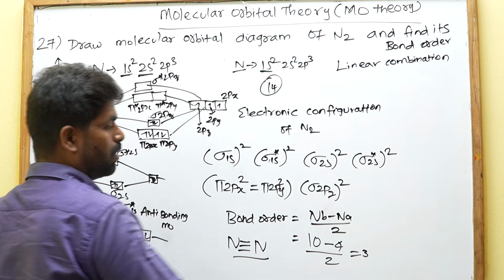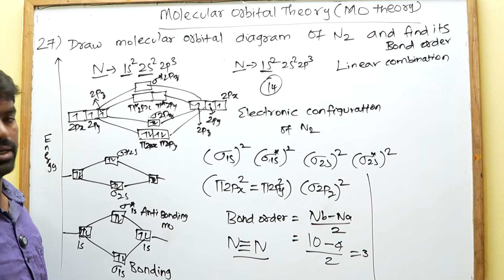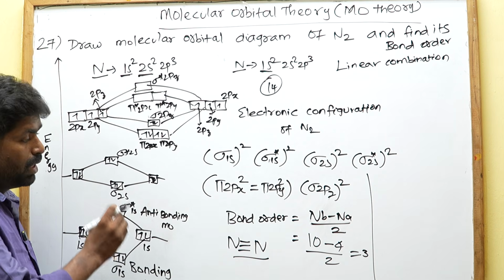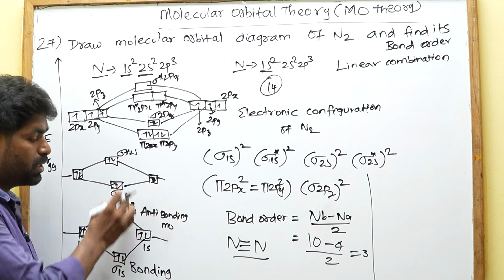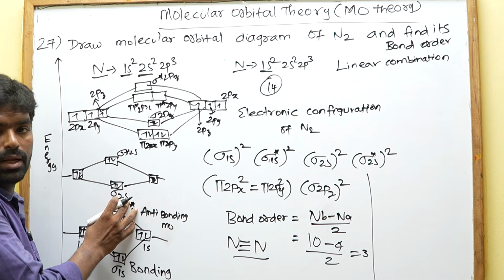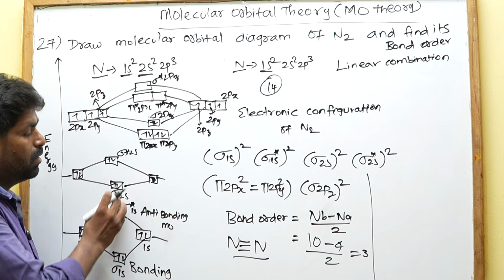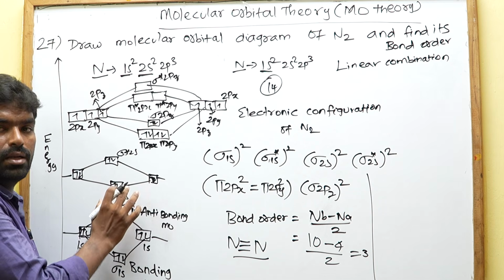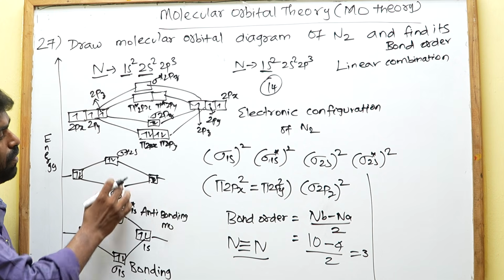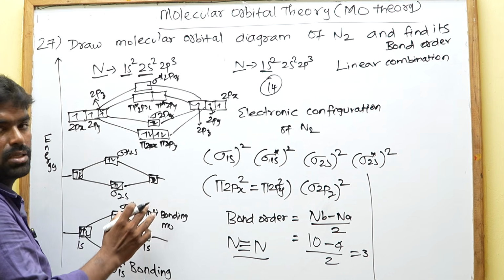Next, predict the magnetic properties of dinitrogen. Look at the bonding level and anti-bonding level molecular orbitals. If you find any unpaired electron present in the molecular orbitals, either in the bonding or anti-bonding level, that doesn't matter, then the molecule can be paramagnetic. But in this case, all the orbitals are paired up, so the electrons are paired up.